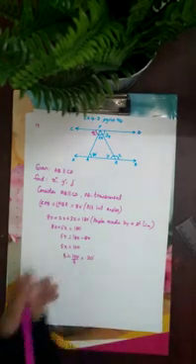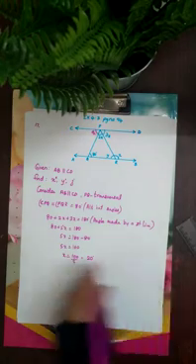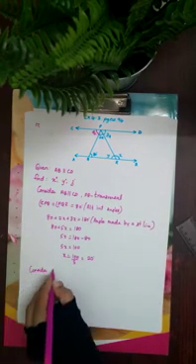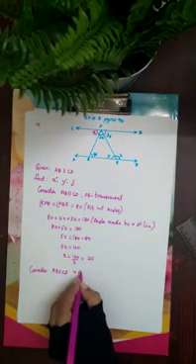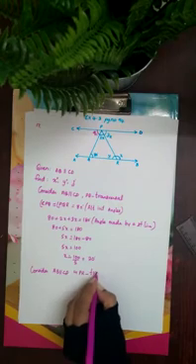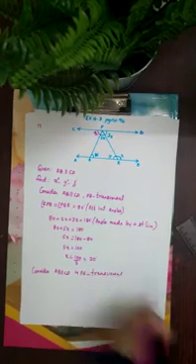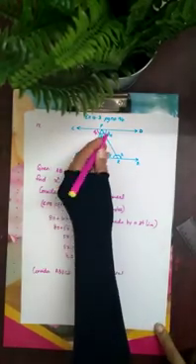Okay, children, we have found the value of x, but in the sum we have to find y and z. So now I will consider AB is parallel to CD and PR is the transversal. Now I am taking PR as my transversal. Okay, children? So, y is equal to 3x.